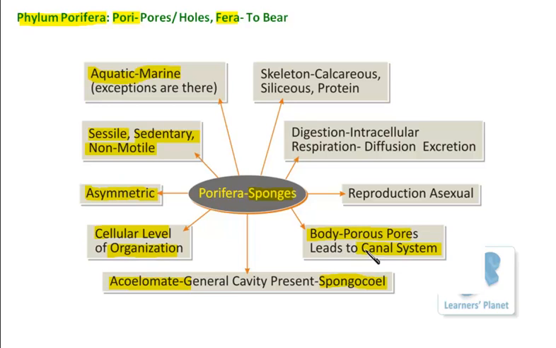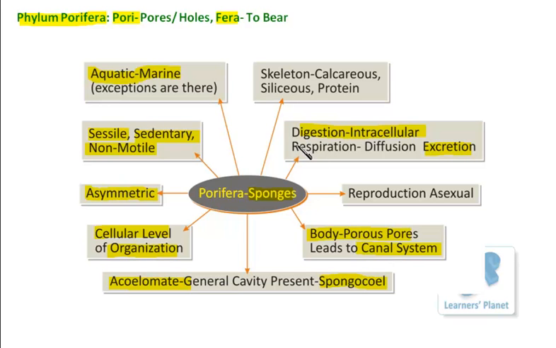As this water is circulated, the basic functions are performed because of this incoming water stream and outgoing water stream. You know how? The food material present in this water will be absorbed by the cells of these organisms, right? And then intracellular digestion will take place. Enzymes will act upon it, the food is digested, and the undigested food material will be diffused out and taken away from the body through the outgoing water stream, right?